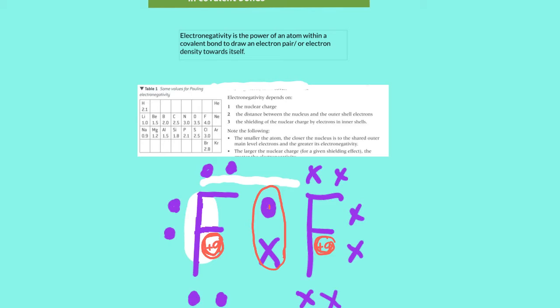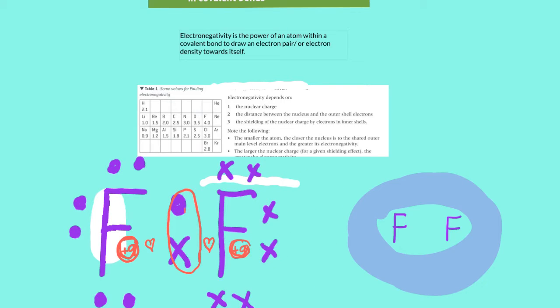This pair of electrons is going to be equally attracted to this nucleus and also to this nucleus. This electron pair isn't just sandwiched between the two fluorine nuclei. All of the electrons within the fluorine molecule in the outermost shell would be orbiting around those two fluorine nuclei.